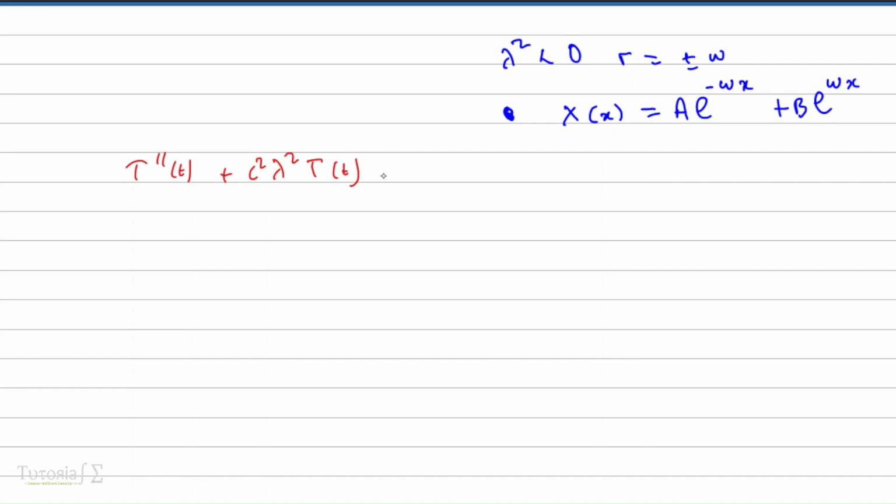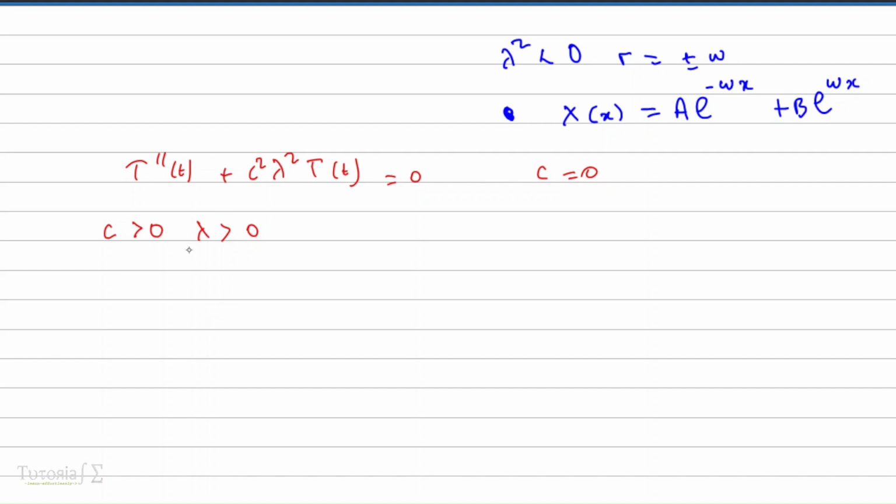We've already solved for c equal to 0, and for all cases. So we are now going to solve for c greater than 0 and lambda maybe greater than 0.